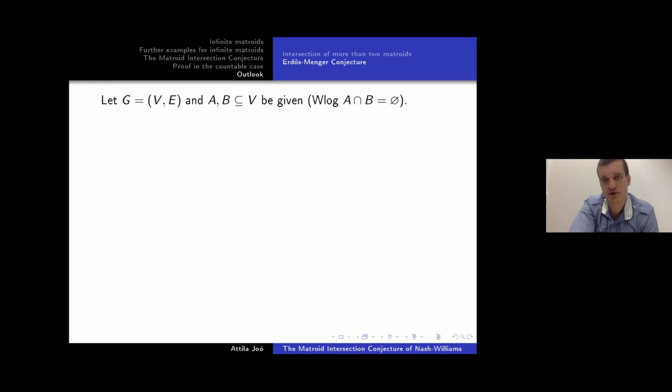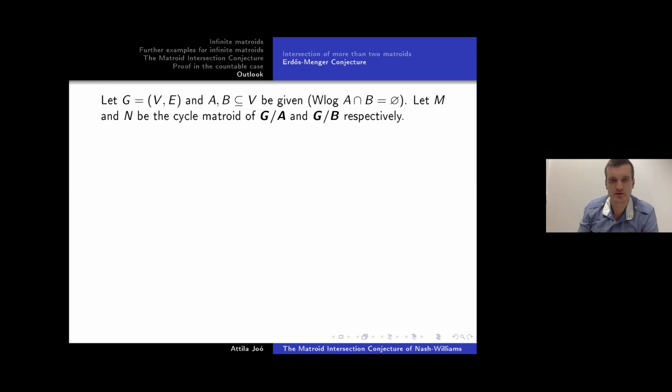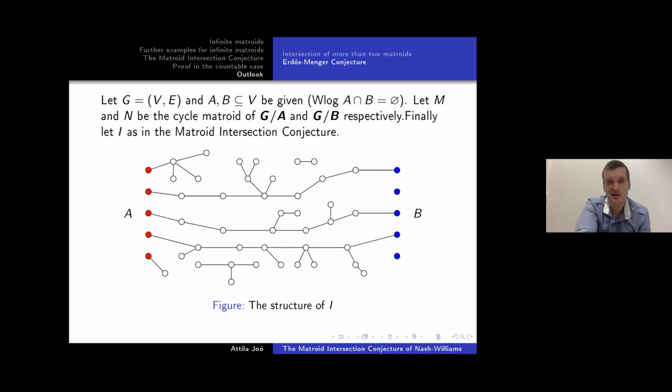For simplicity, I will assume that they are disjoint. Then we can define two matroids. These matroids will be simply the cycle matroids after contracting A and B respectively. So we take a common independent set of these two matroids M and N with the property given in the Matroid intersection conjecture.